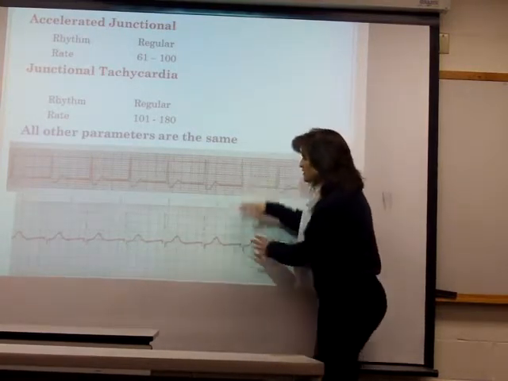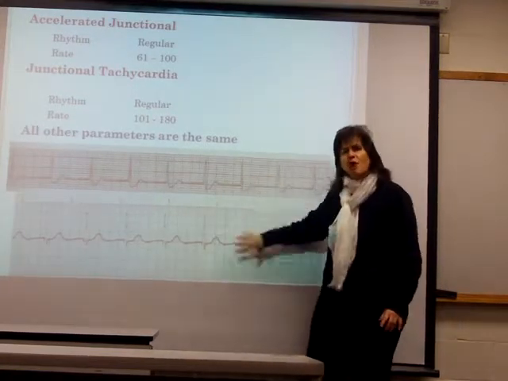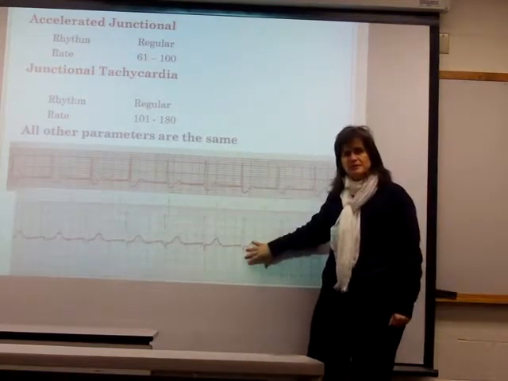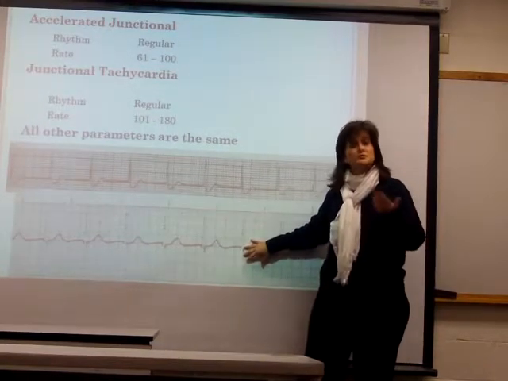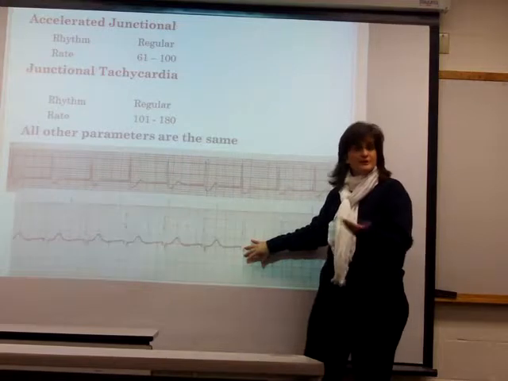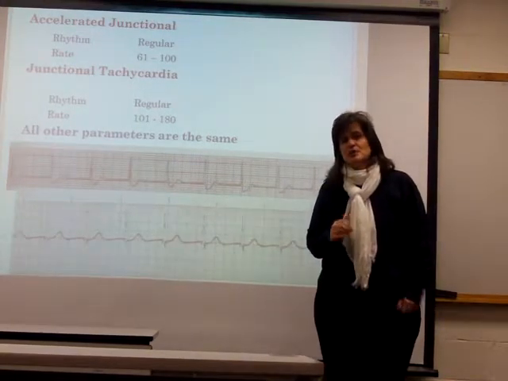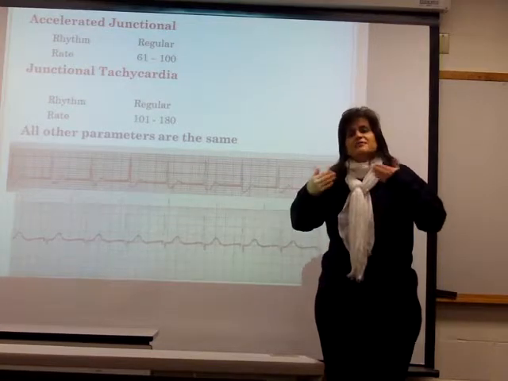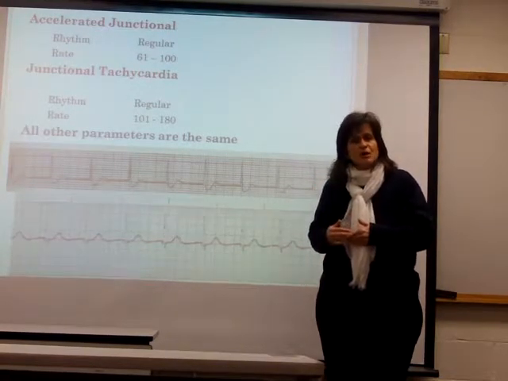But even though, because you can clearly see there's no P waves here, right? Even though the heart rate is somewhat sustainable, and most of the time the patient won't be symptomatic because we're producing enough cardiac output via the heart rate, it's still overworking the junctional tissue. So a pacemaker, to get that impulse back up to the top part of the atria, that's going to be the ultimate treatment.